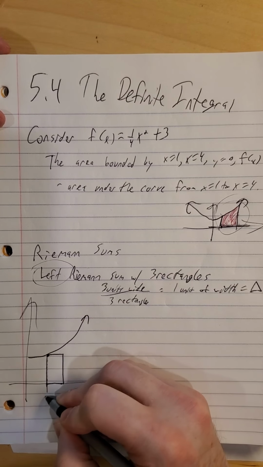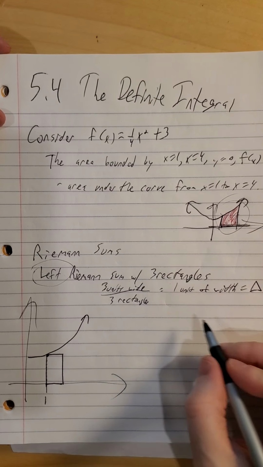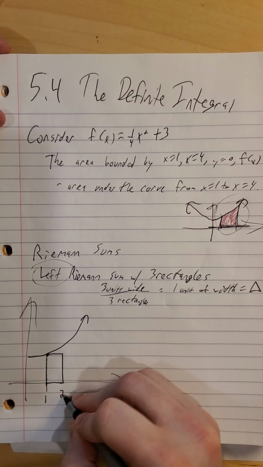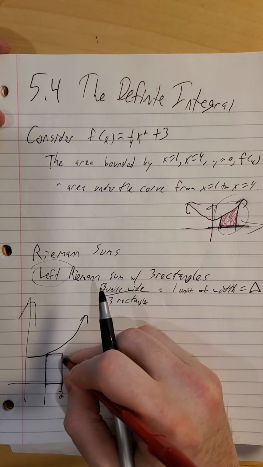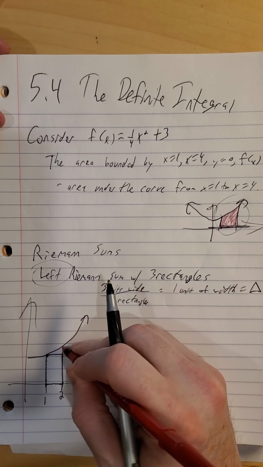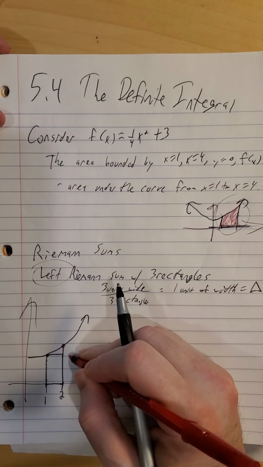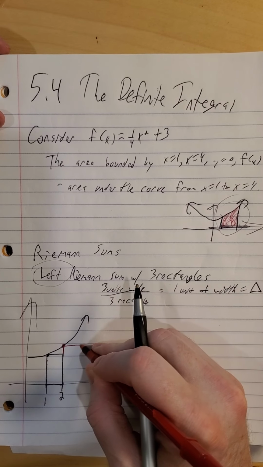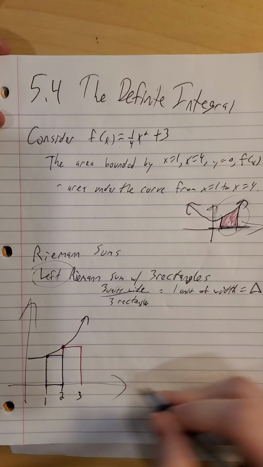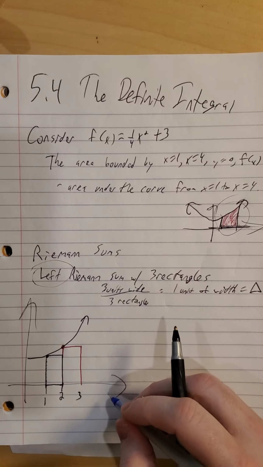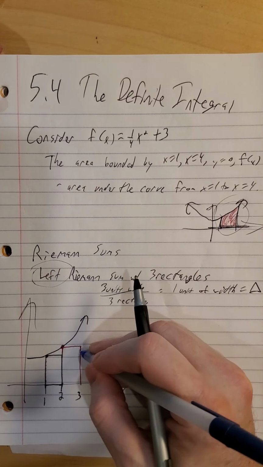So here is x equals 1, and we're looking at a delta x of 1. So this one starts at 2. Then I'm going to draw a second one starting at 2, and I go up until the left side hits my curve again. Then I finish my rectangle. So that one goes down until the 3. I want to go all the way until I get to 4, though.